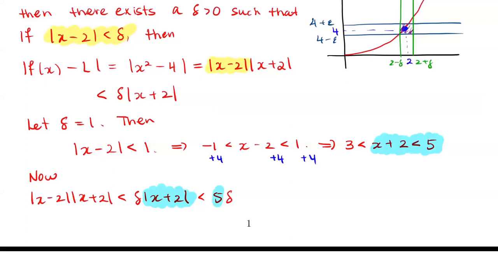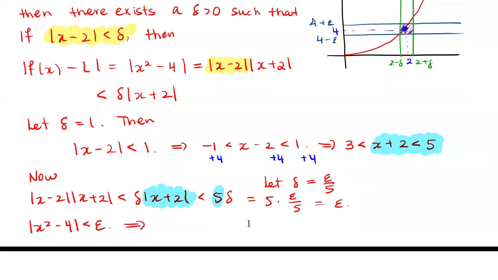So once again, let delta be equal to epsilon over 5. Once we put this in, we have 5 times epsilon over 5, which is equal to epsilon. So therefore, we have shown that x squared minus 4 is indeed less than epsilon.